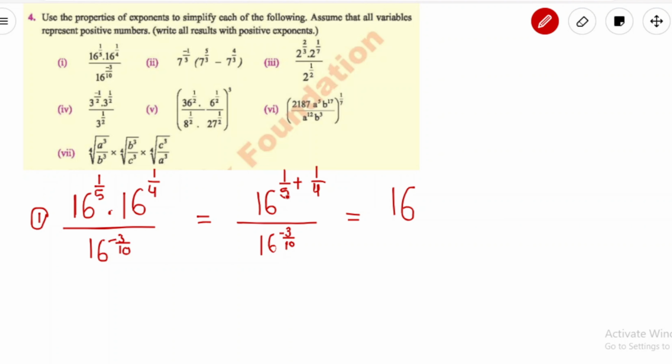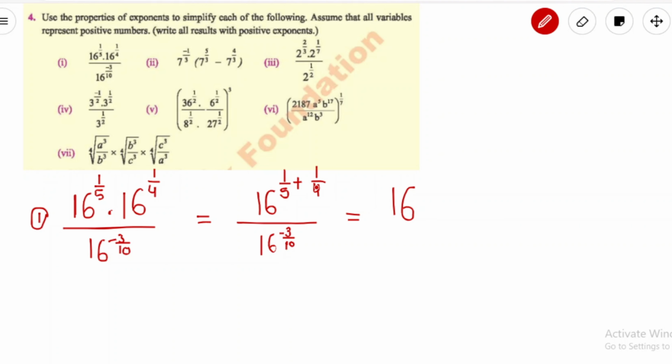I'm talking about integers like 1, 2, 3. There is no integer with which 4 can be multiplied to give you 5. So we cannot make the denominators similar by multiplying one of them by another number. What we can do is think of a number which is divisible by both 5 and 4.